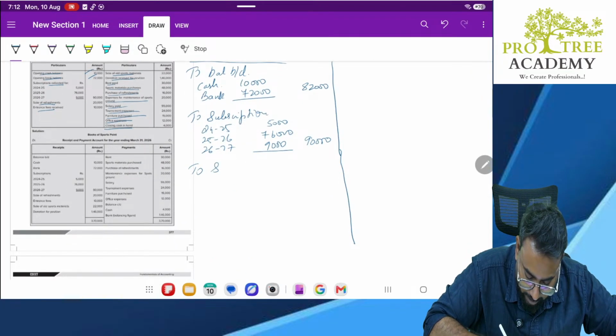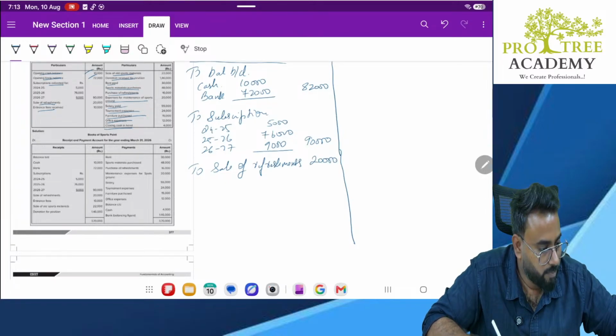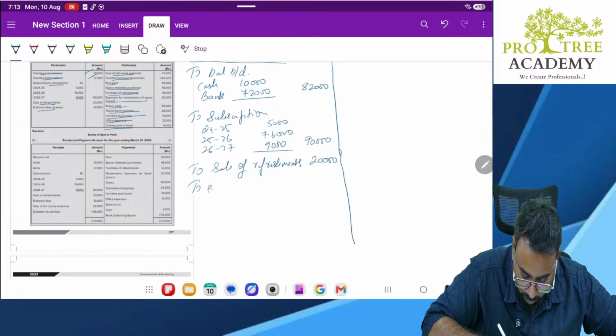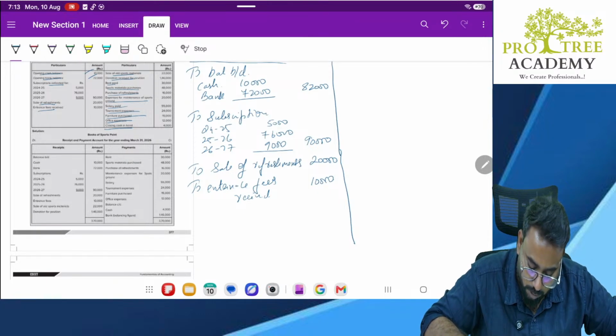To sale of refreshments, how much? 20,000. Then to entrance fee received, 10,000. Next, sale of old sports material.